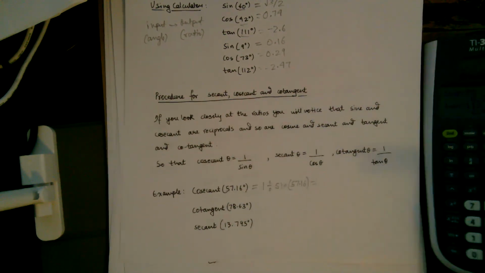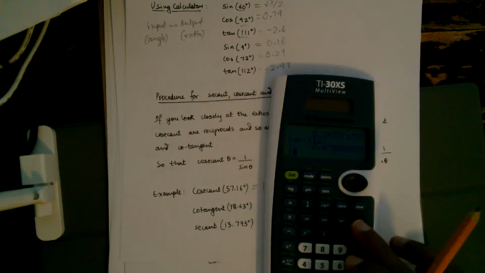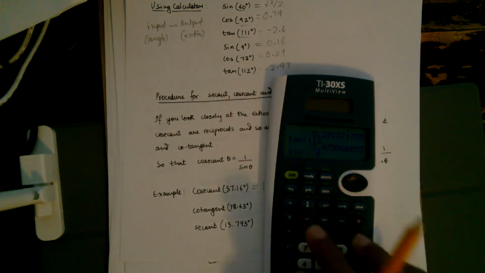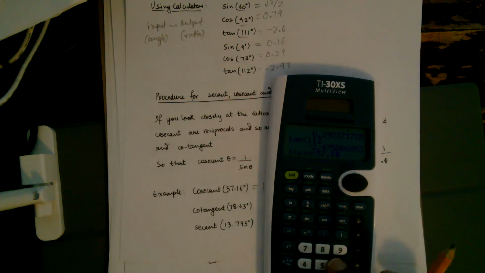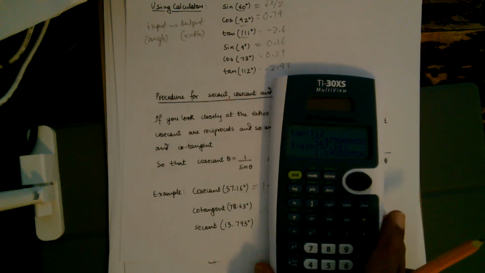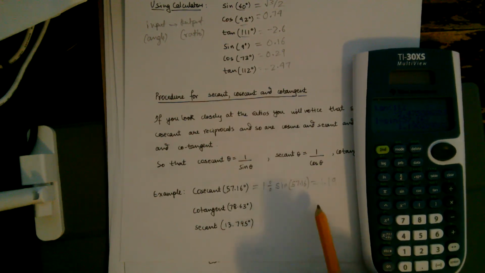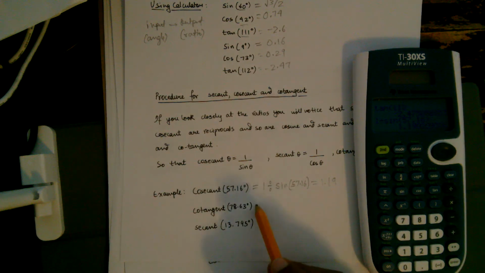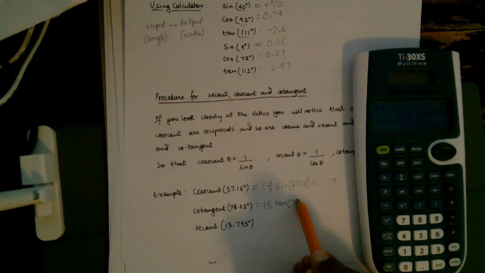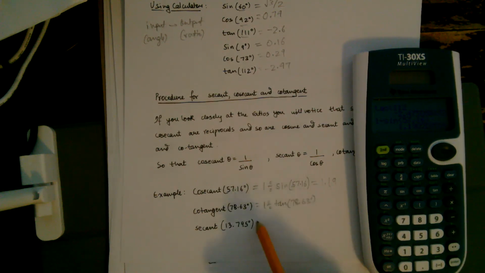57.16. You plug that into the calculator, 1 divided by sine 57.16, and it gives you 1.19. So it's pretty straightforward. You just have to identify the correct reciprocal. For example, this is going to be 1 divided by tangent 78.63.